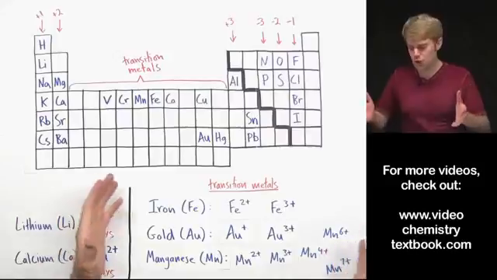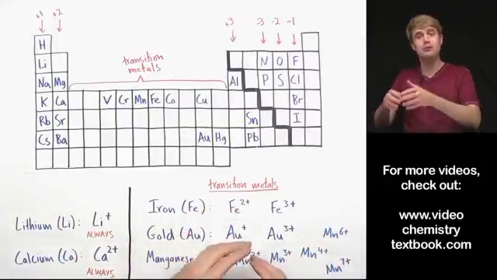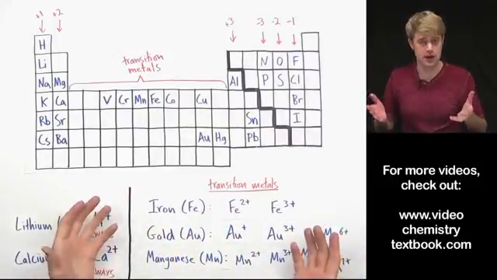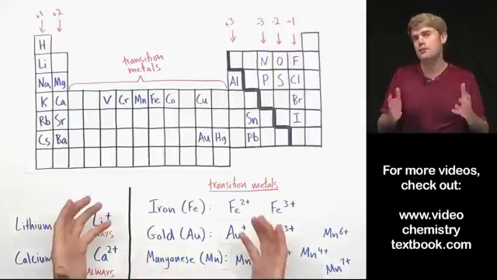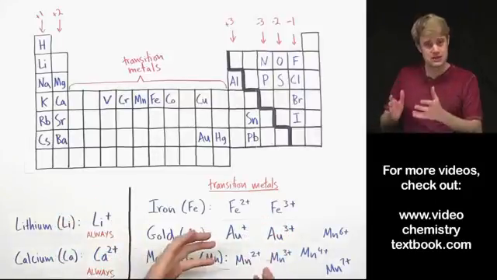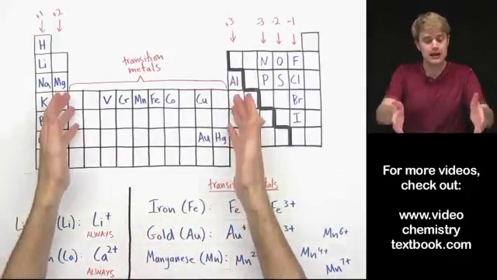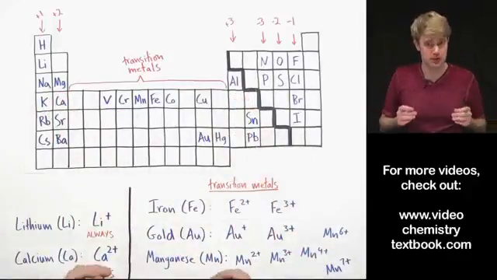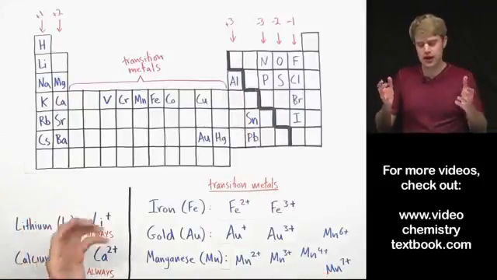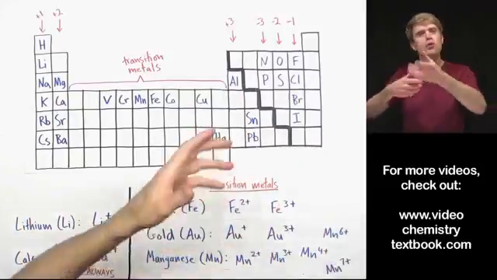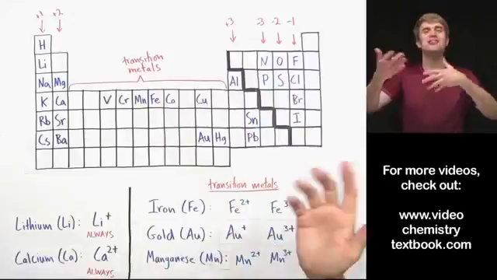Now, sometimes people ask, why is it that the transition metals are able to make this wide variety of ions? The answer is kind of complicated, but basically it has to do with the way electrons are arranged in the orbitals of the transition metals. Essentially, the transition metals are more loosey-goosey with the electrons that they give away.